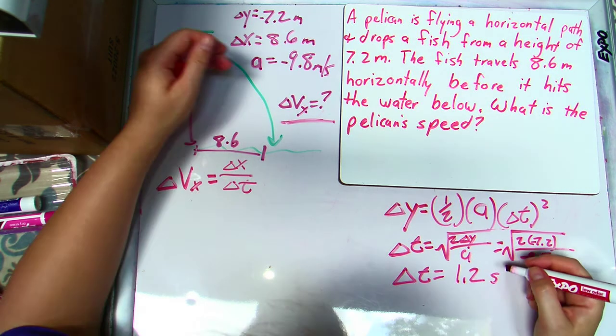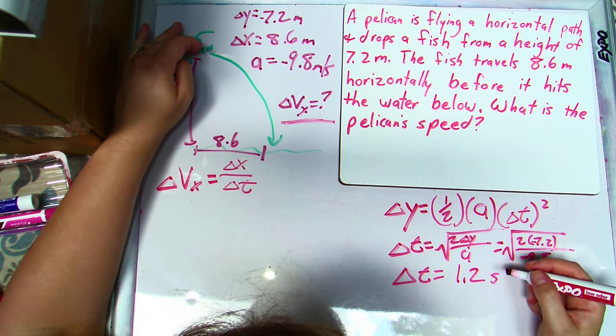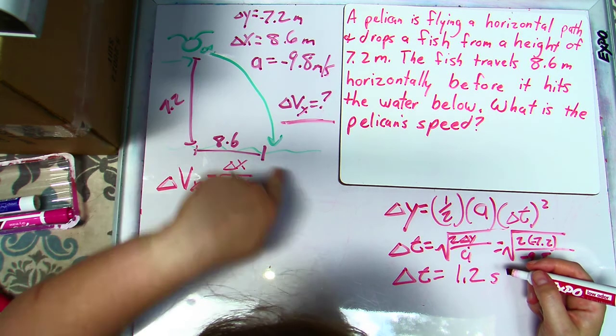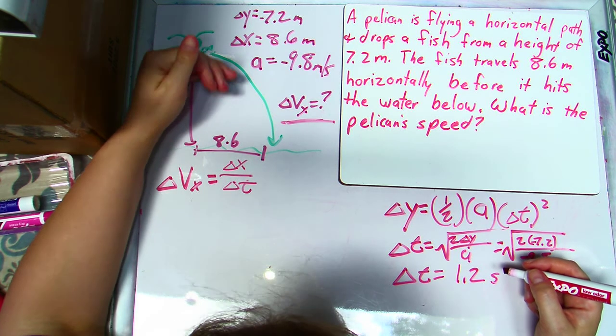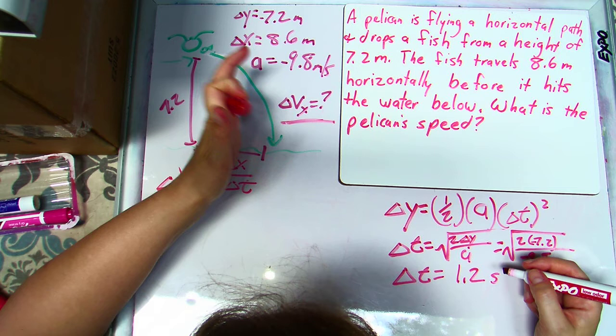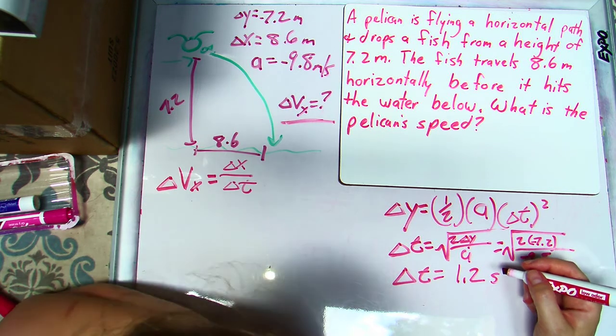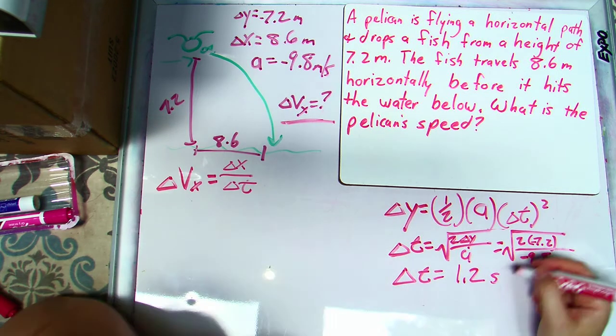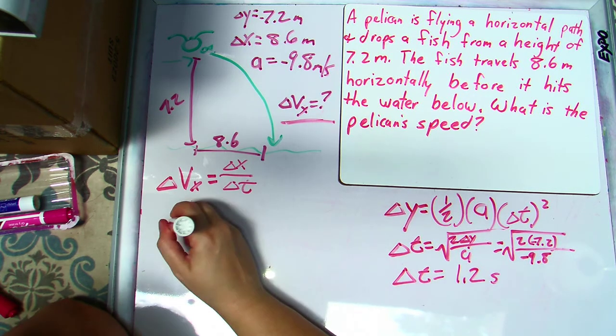So it took 1.2 seconds for the fish to go from here to here. So that's 1.2 seconds to travel down, as well as 1.2 seconds to travel over. So that's our time. We can come back here now and plug that in.